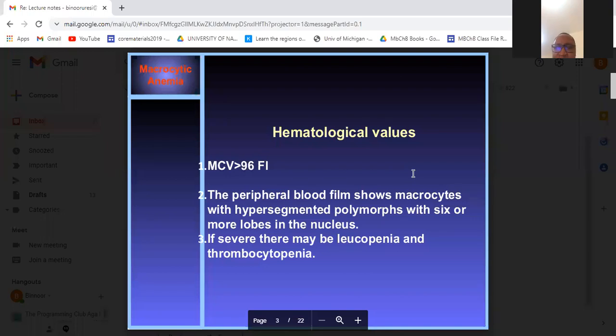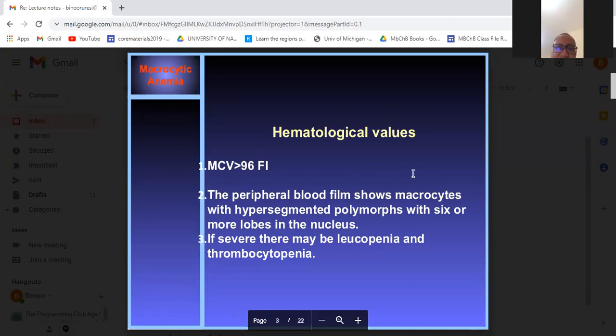Those are big cells, more than 96, with hypersegmented polymorphs or neutrophils, which have 6 or more lobes in the nucleus. The normal lobes are between 3 and 4. But in megaloblastic anemia, these neutrophils will be hypersegmented, having 6 or more lobes in the nucleus.